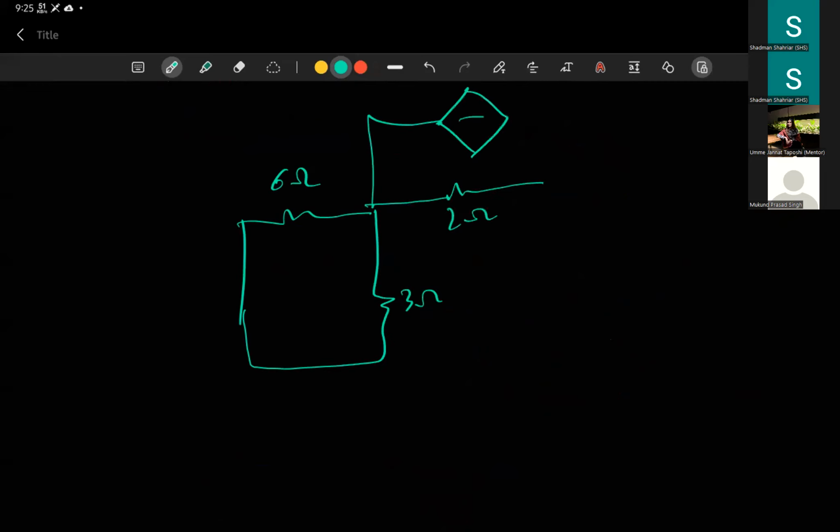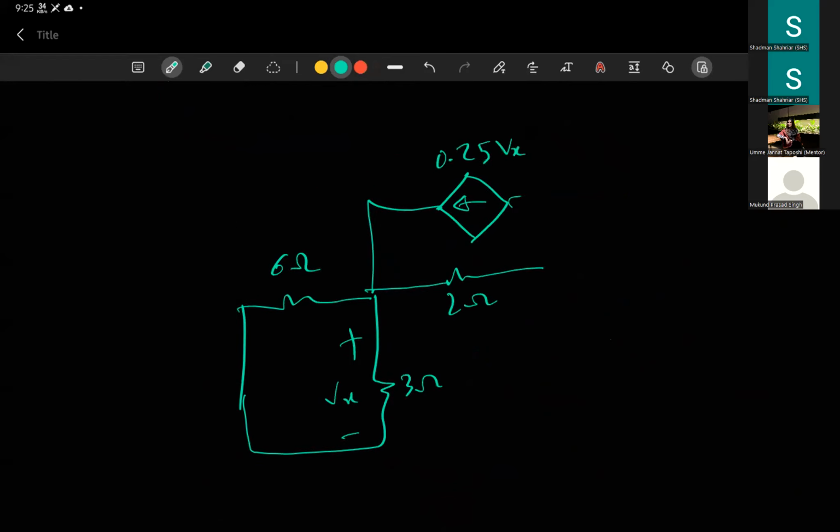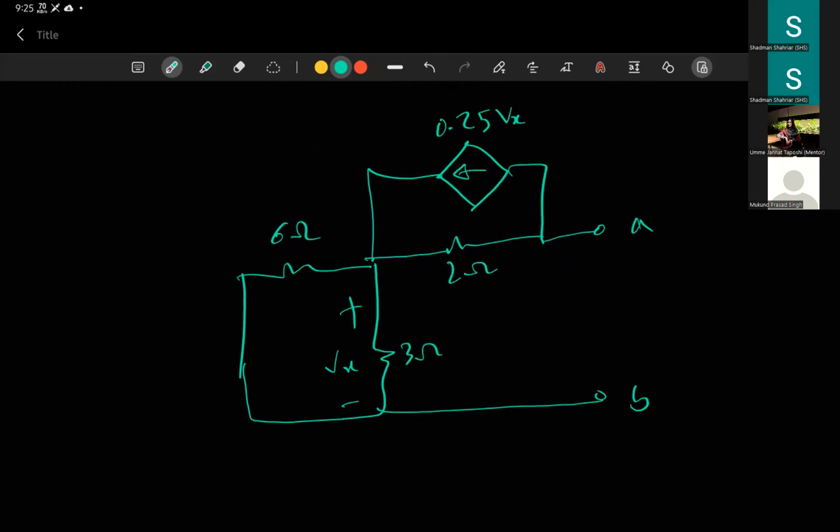Say your problem was this circuit. Since there is no independent source here, the voltage and current, VOC and ISC, should all be 0.